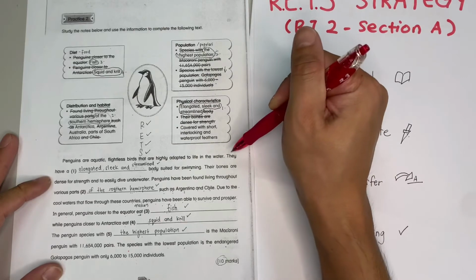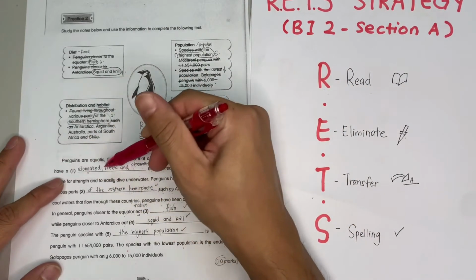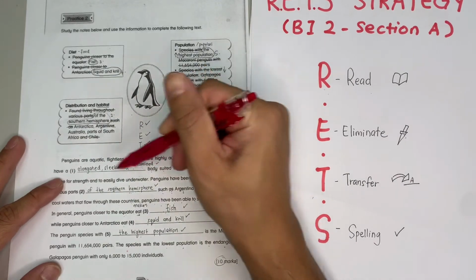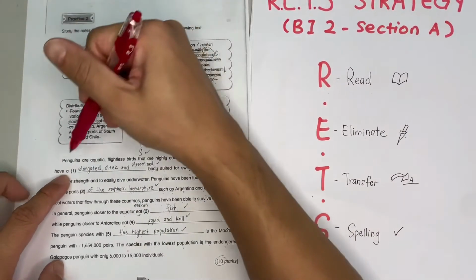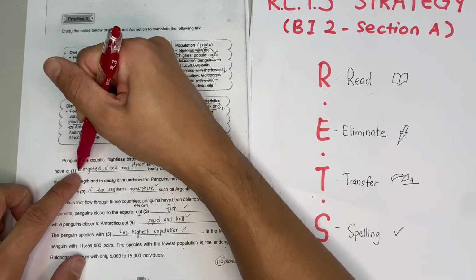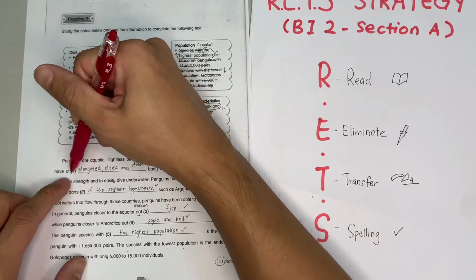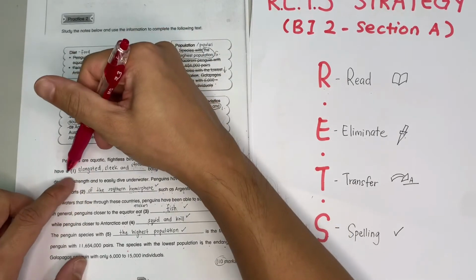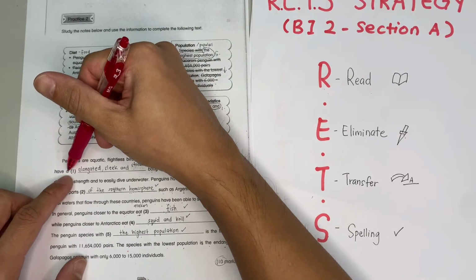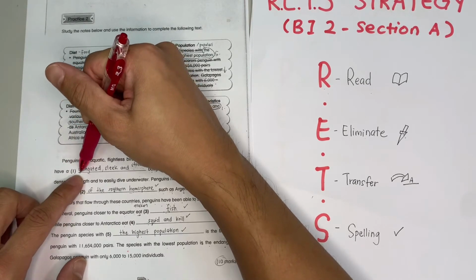First thing I found, number 1, they have a elongated, sleek and streamlined body. Okay, I found a mistake here because when you use the article 'a' it should be followed with a consonant sound. You can't use a elongated body. We must use 'an', the article 'an' for any vowel sounds.